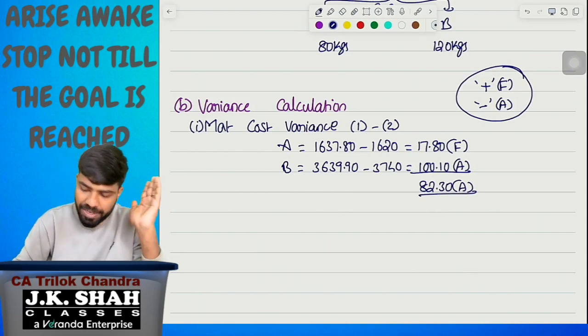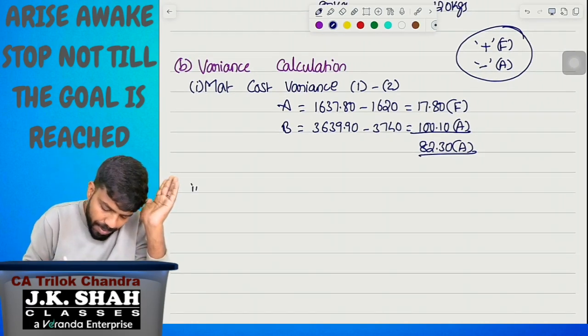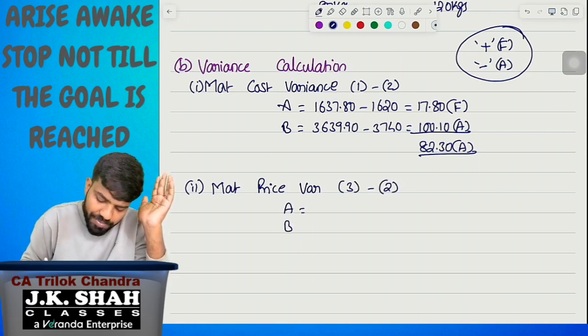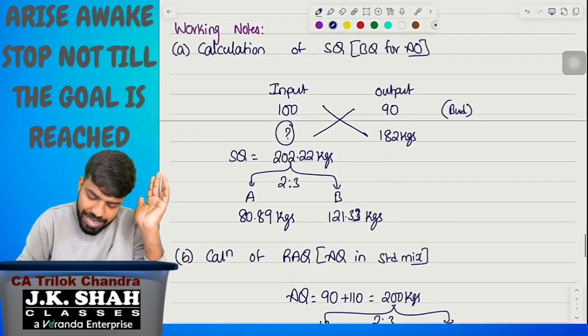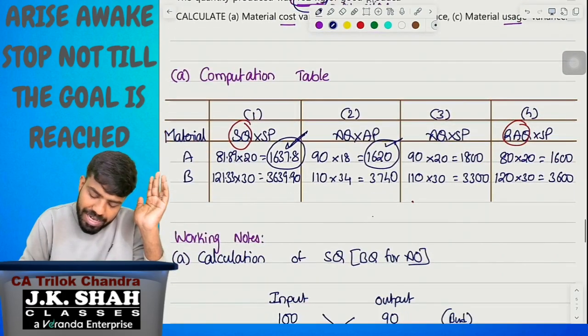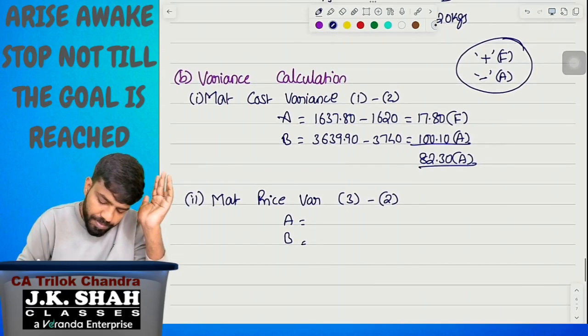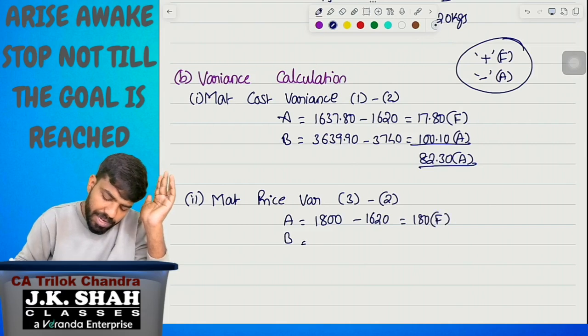Are you understanding? Next, Roman number 2, material price variance. According to us, what is the formula? Material price variance, column 3 minus column 2. We'll take A, B separately. First for material A, column 3, 1800 minus 1620, which equals 180 favorable.